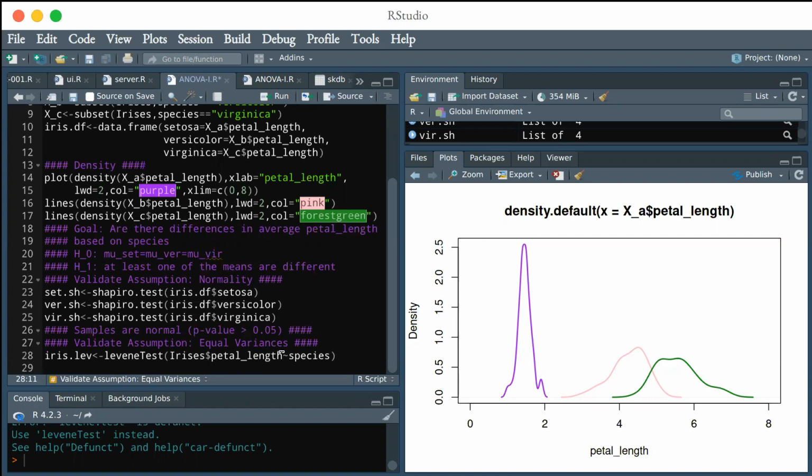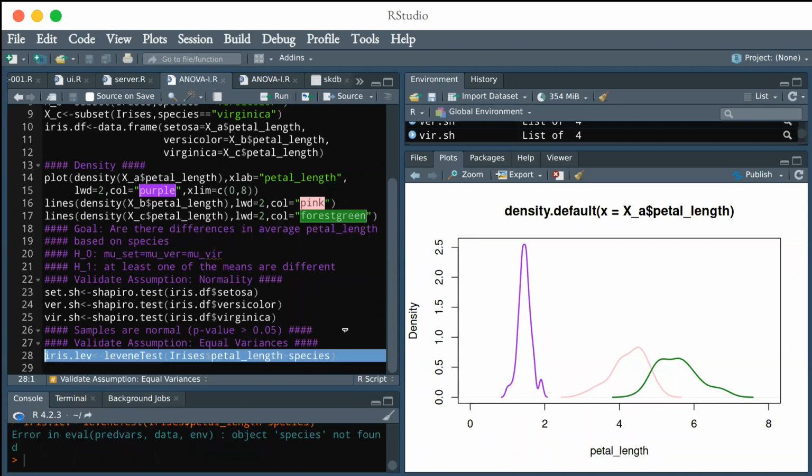So let's go ahead and run and see what happens. Species not found. Forgot to do this.